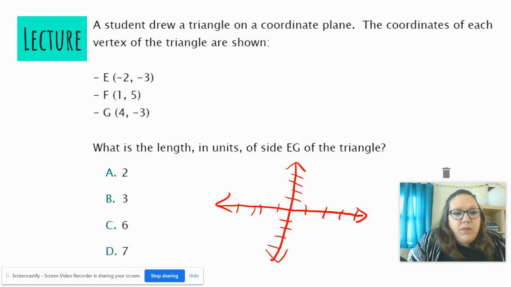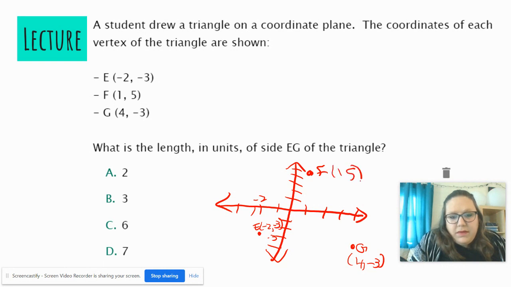Point E is at (-2, -3), so we go over to -2 and then down to -3. Point F is at (1, 5), and G is at (4, -3).